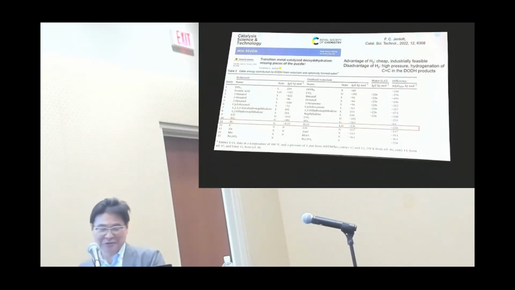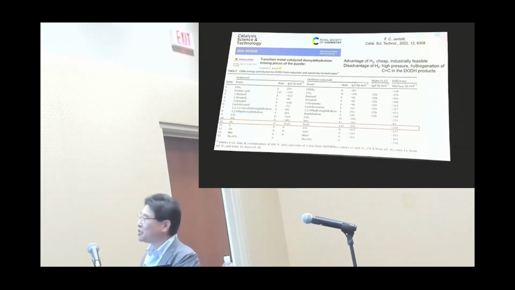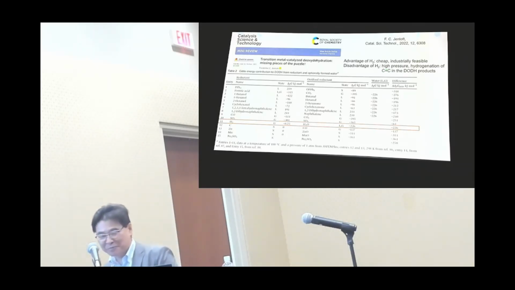Our study is focusing on the utilization of hydrogen. The advantage of hydrogen is that it is very cheap and industrially feasible. On the other hand, the disadvantage is that hydrogen usually causes hydrogenation of the C=C double bond in the DODH products.